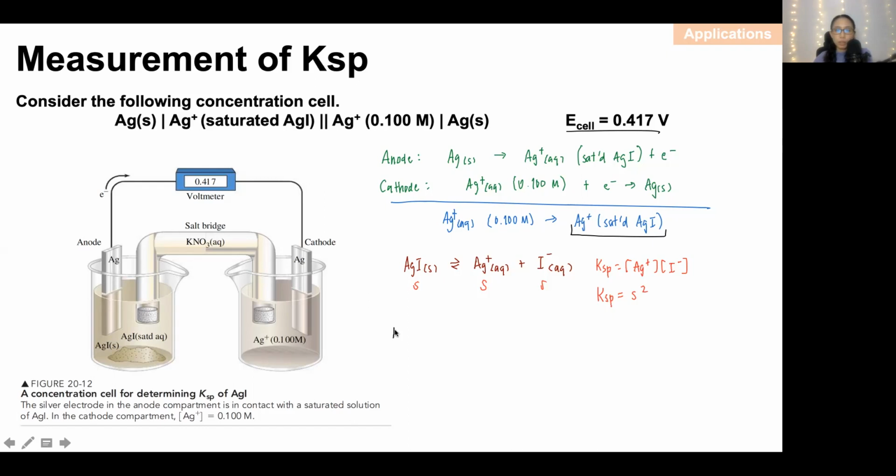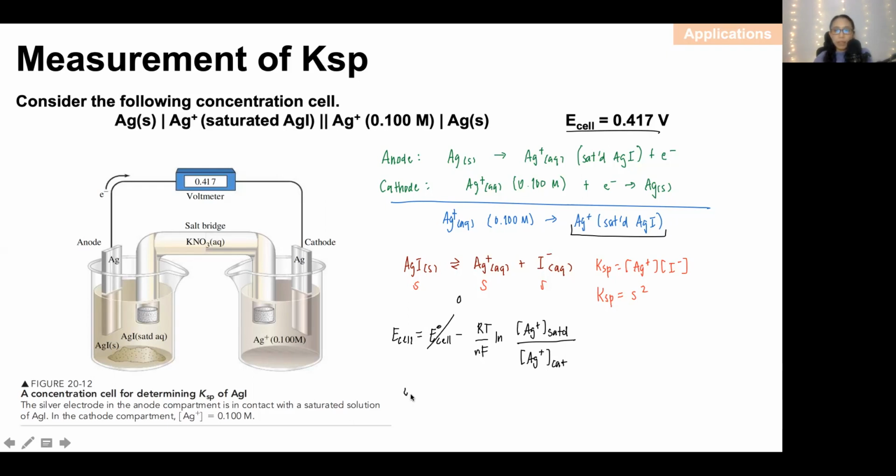So Nernst equation: E cell equals E naught cell minus RT over nF ln concentration of silver ions in the saturated solution over concentration of silver ions in your cathode. This E naught cell is again equal to 0.